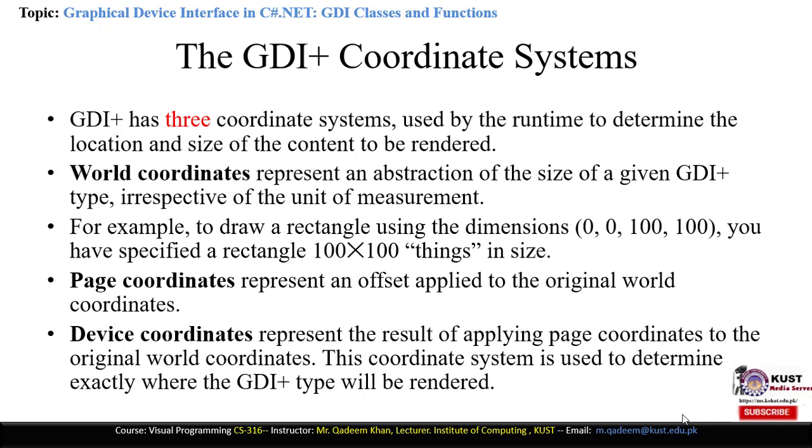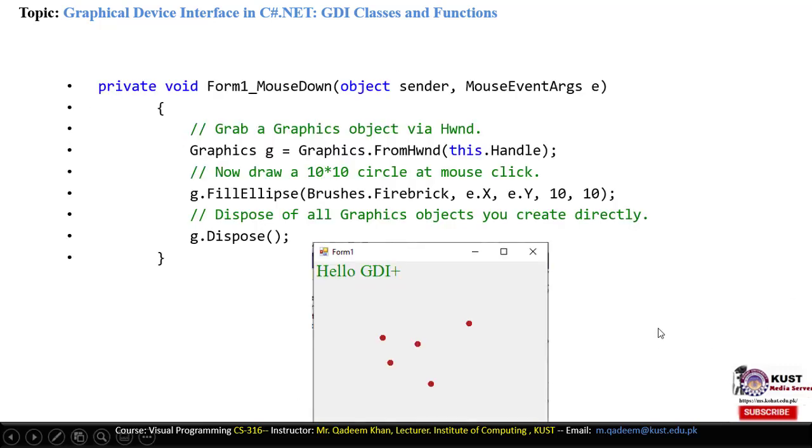Next are the GDI coordinate systems. GDI has three different coordinate systems, and it is used by the runtime to determine the location and size of the contents to be rendered. As in the previous example, when the mouse was pressed down on that particular location, it takes the location and the size. So I will go here. This first point is the location, and this second point takes the size.